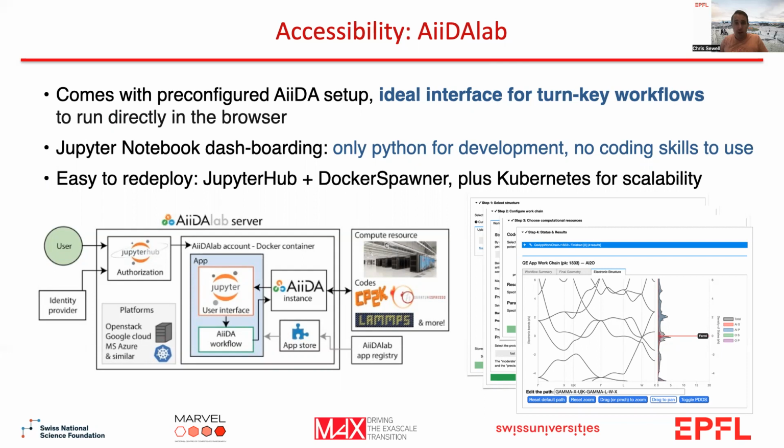All the inputs and which inputs are available to each code is machine inspectable. And so it's very easy to convert it to a graphical user interface. What we are looking to do in the future is to add common workflow interfaces as an app into our AiiDA Lab platform, which is a web-based interface for AiiDA built on top of Jupyter. This interface can then be deployed in a scalable way for anybody to access.